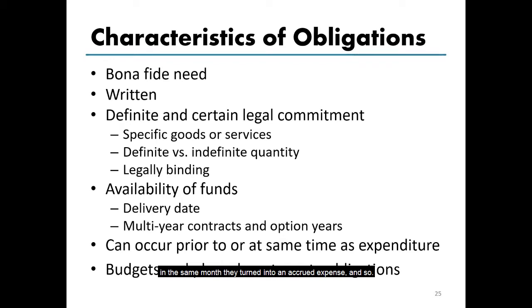And so, last thing, budgets and plans are not obligations. So, one big one is future employee salaries. If it's not contract labor, then it's not an obligation in that case.